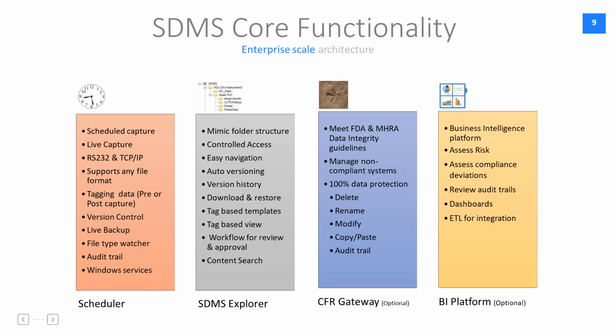Restore can be used to restore all the files related to the original structure. That means if an instrument has 10 folders, and if you point at the topmost folder and say restore, it will restore all the data below the top folder, and this can be used as a restore method for viewing the data in your original instrument software.